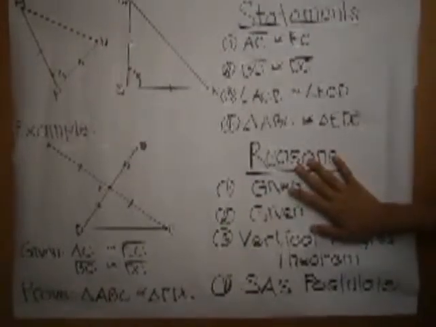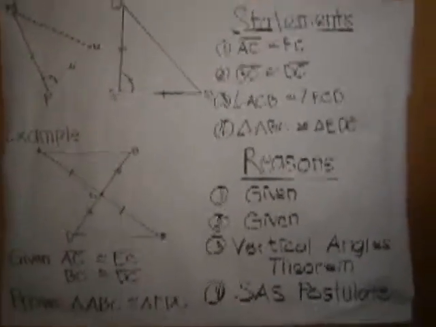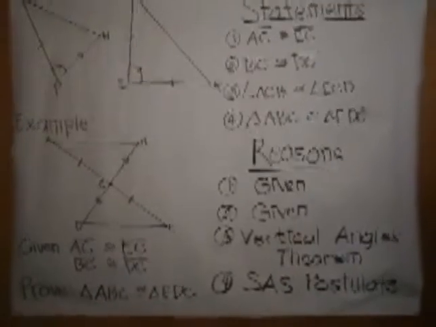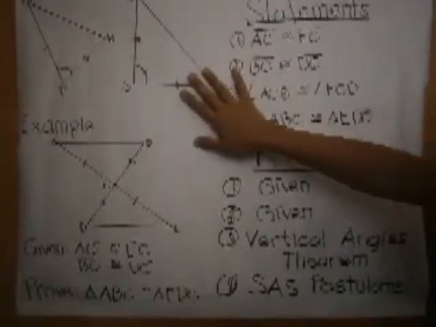And next is, if we can find a way to prove that ACB and ECD are congruent, we will be able to prove that the triangles are congruent because we will have two corresponding sides that are congruent, as well as congruent included angles. Trying to prove the congruence between any other angles would not allow us to apply the SAS postulate. And now we have the two pairs of corresponding congruent sides, as well as congruent included angles.